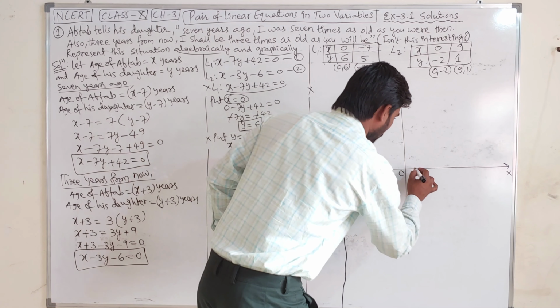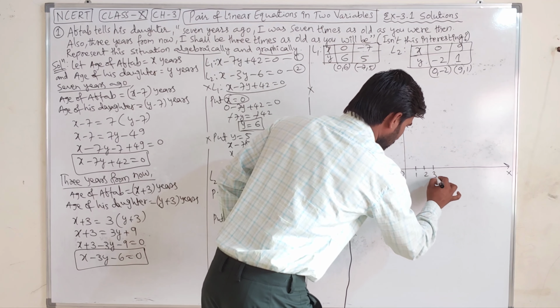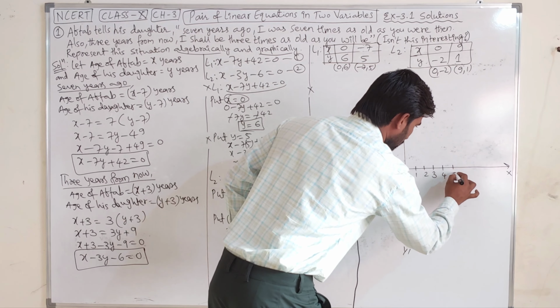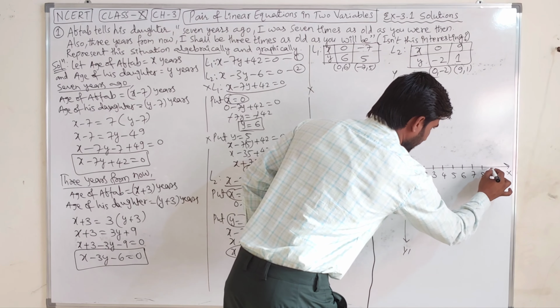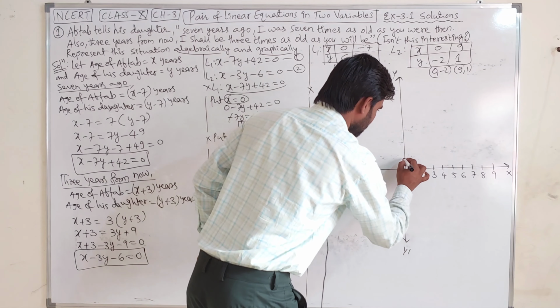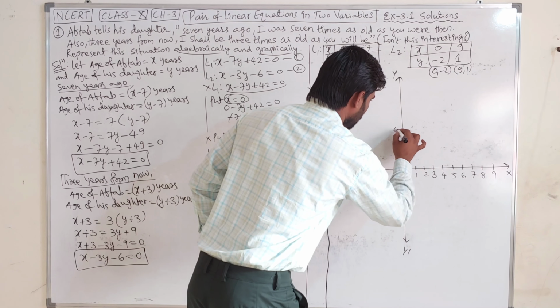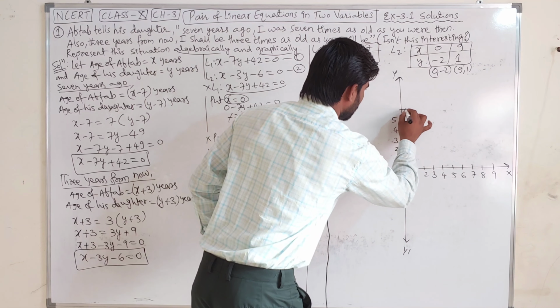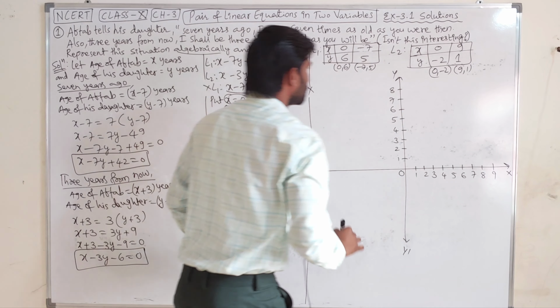So now mark the points. 1, 2, 3, 4, 5, 6, 7, 8, 9. 1, 2, 3, 4, 5, 6, 7, 8.